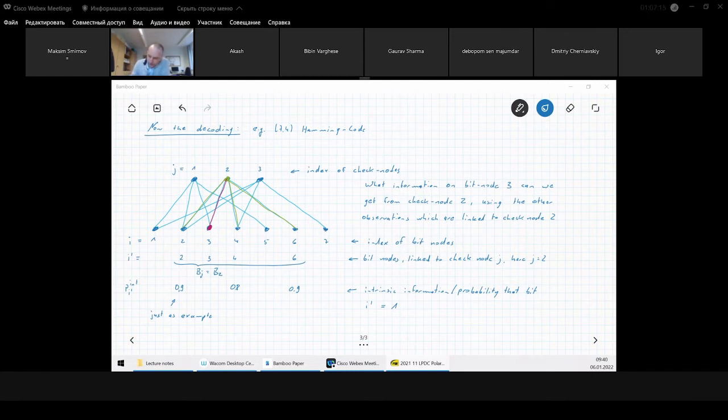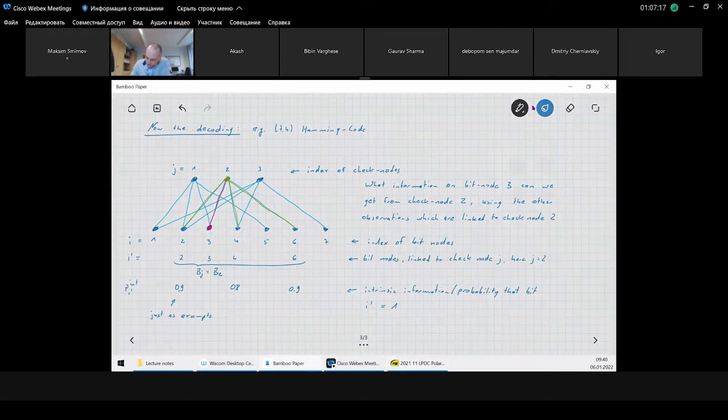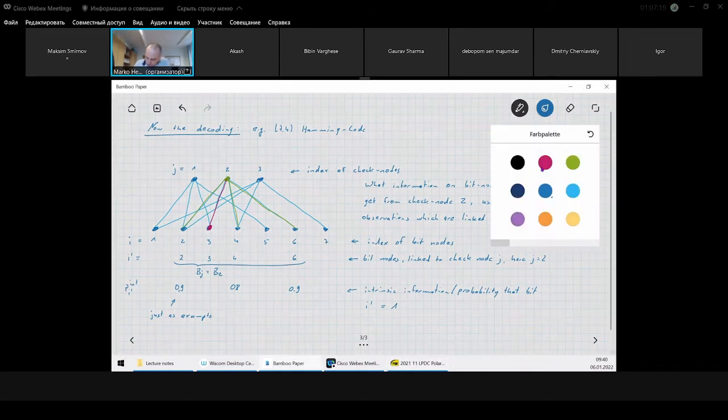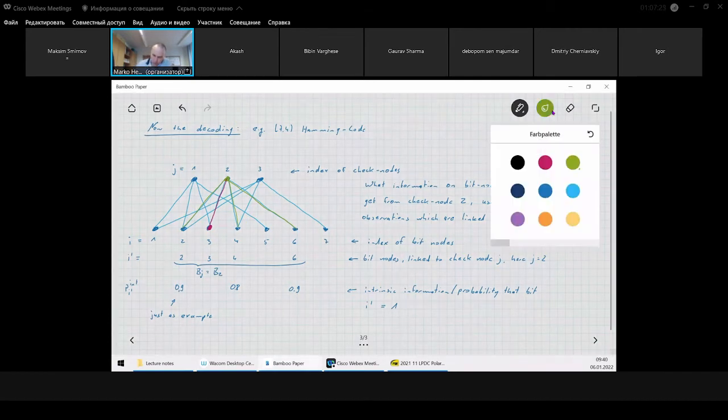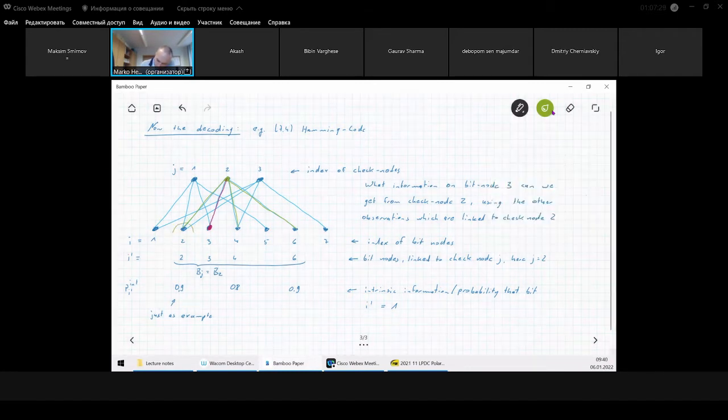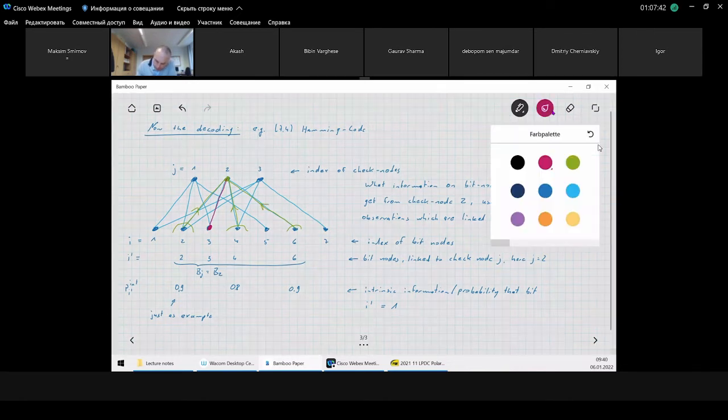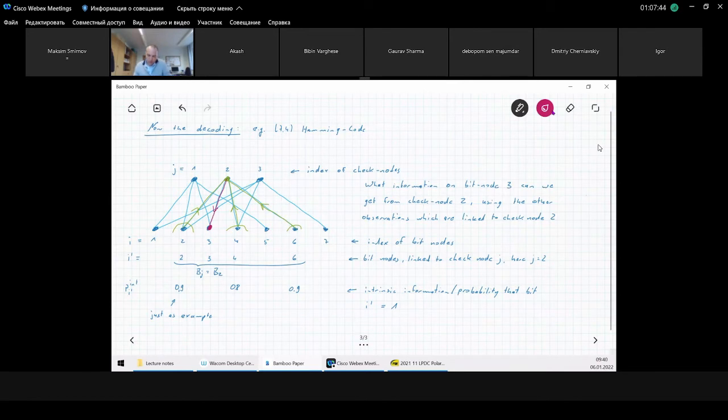Yes, so now basically the idea is, what can we conclude from these observations here? What can we conclude over this check node on this one?